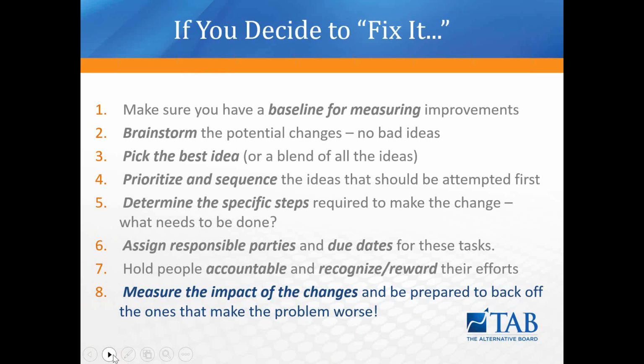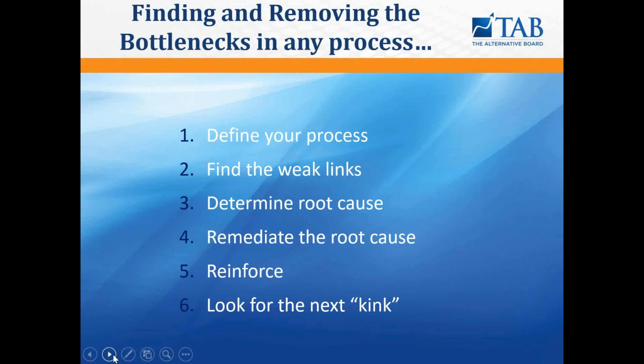So what we've talked about today is a 6-step process of defining the process itself, however that works in your business, finding the weak links of where the problem really is, determining what the root cause of those bottlenecks is, remediating or implementing a fix to that problem, and reinforcing it to make sure that it sticks and that you actually implement on time.